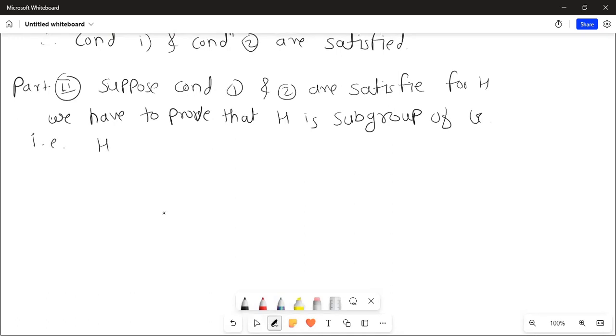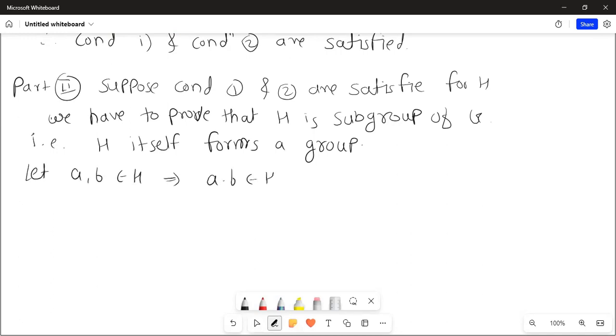दैट मीन्स H itself forms a group. And let a, b belong to H, यानी कि a·b also belongs to H आएगा by condition first. Okay, and here also closure property is satisfied.